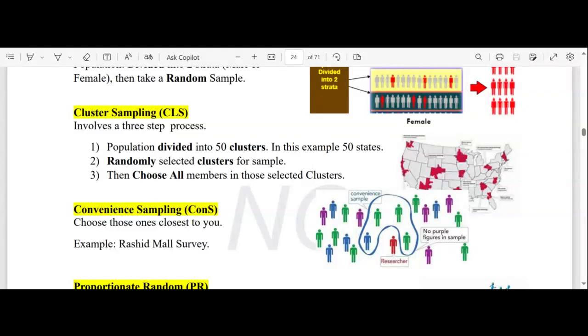For example, I give you a survey, I ask you to find which supermarket is the best. So you're supposed to go and ask the students in BMU, come in the morning, come in the afternoon, come in the evening, and then randomly survey the students.